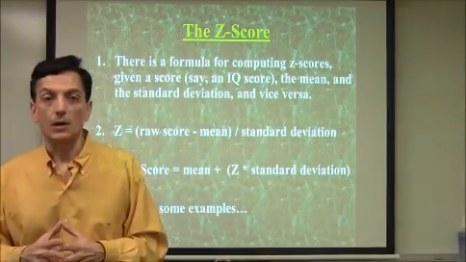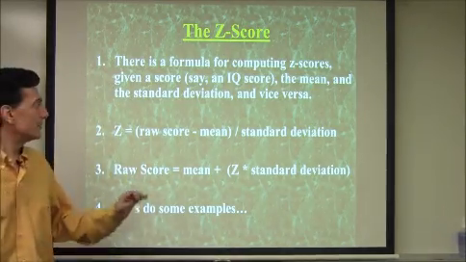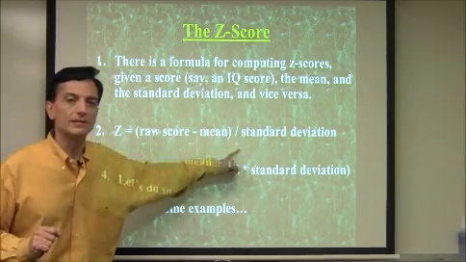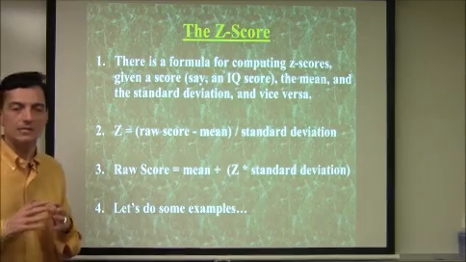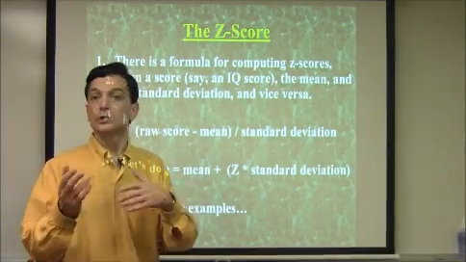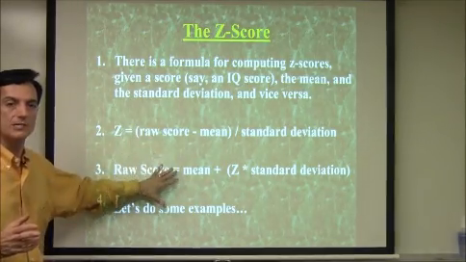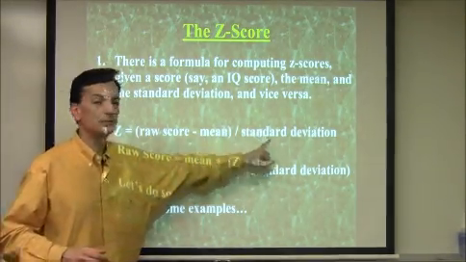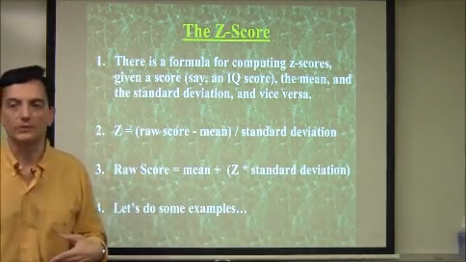You might have learned that according to the golden rule of equations, you can do anything you want to the left side of the equation as long as you do exactly that same thing to the right side of the equation. So these 2 variations that we see are simply algebraic versions of each other. There's nothing particularly special about one of them more so than the other. Sometimes we're looking for a z-score and we have this information. Other times we actually do have z information and we want to derive a raw score.